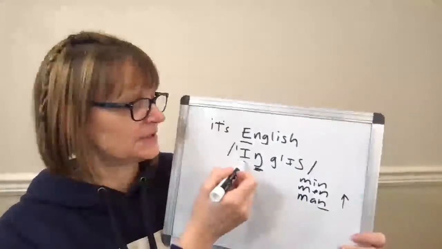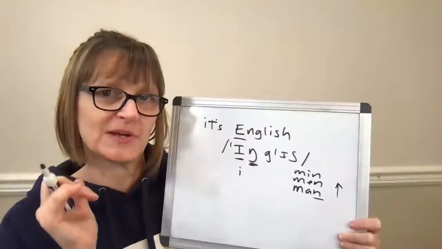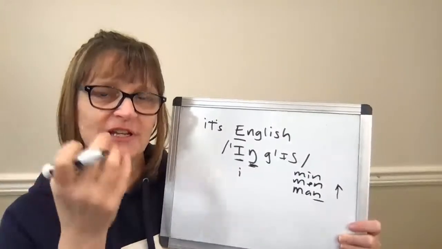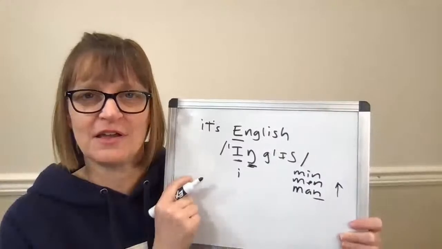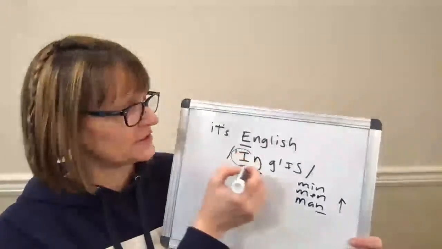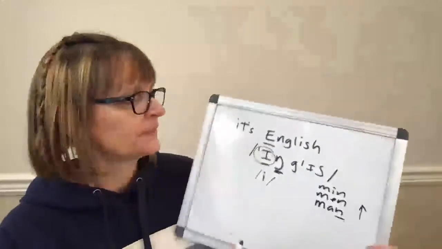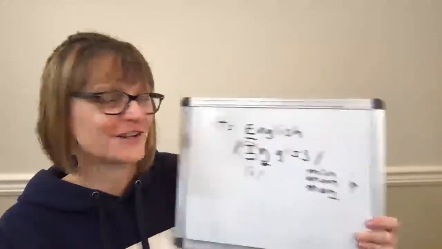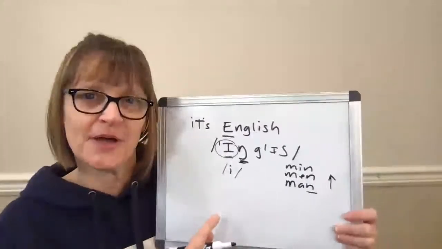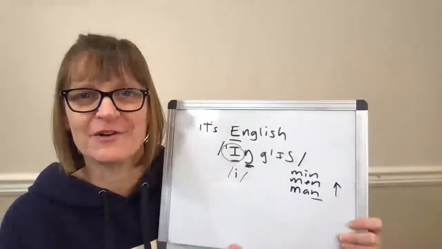In English, I am starting with this I tongue position, but as my tongue lifts into that NG, it does affect the sound of the vowel. You don't need to do anything different. In fact, you may need to try to focus on getting this I instead of an E. You don't want "Eenglish." That's just the effect of the context. So great question. And I do have a video just about how to pronounce English where I go over that a little bit more as well. Thank you for that question.